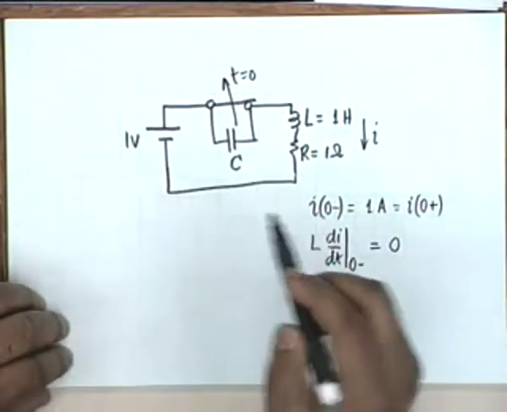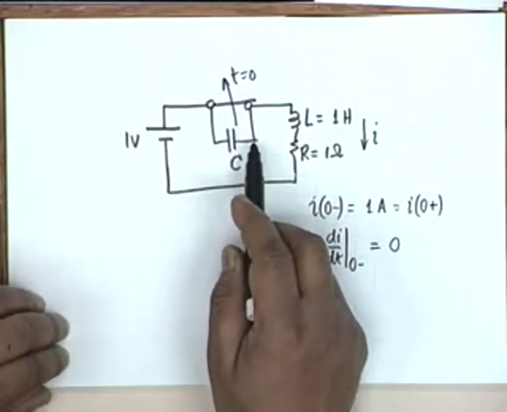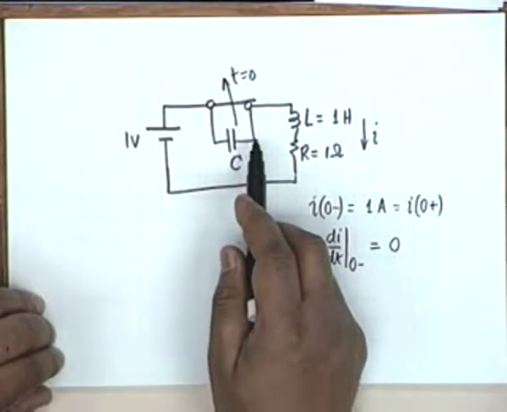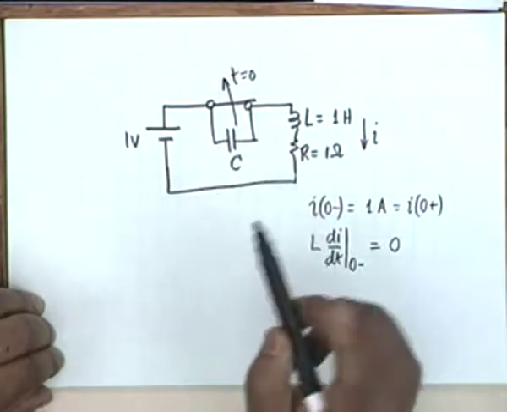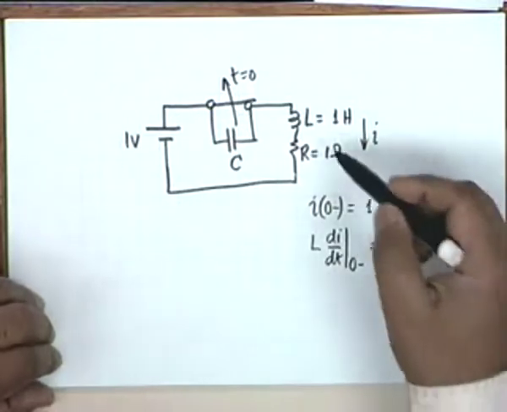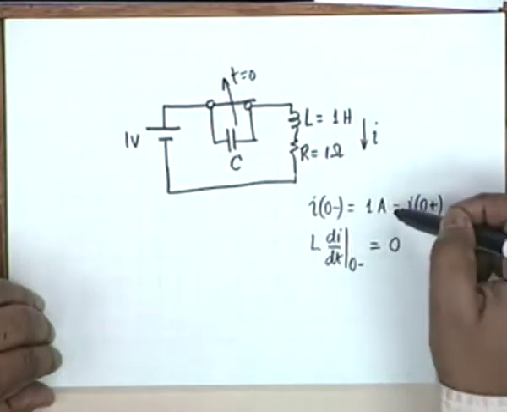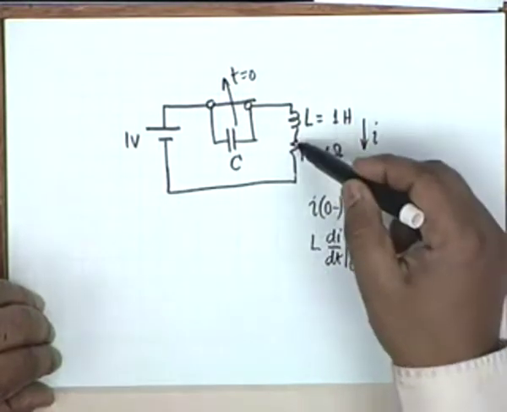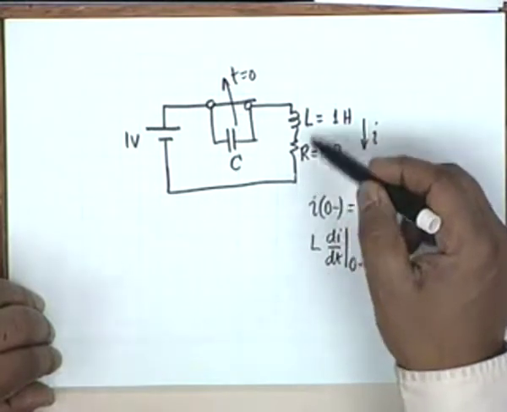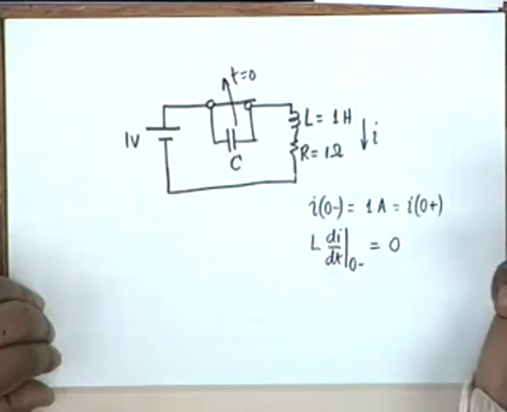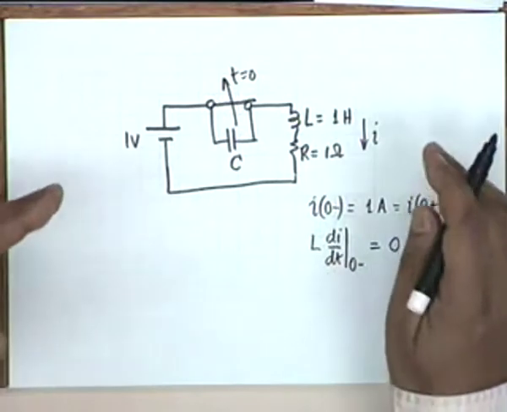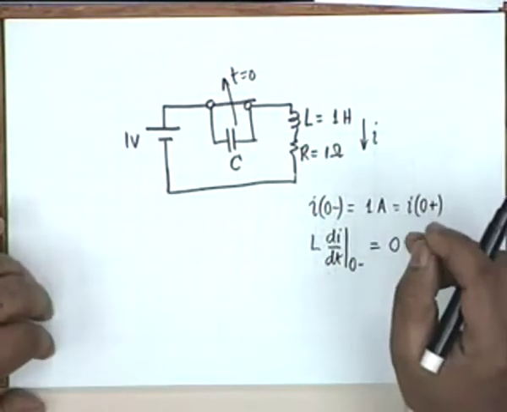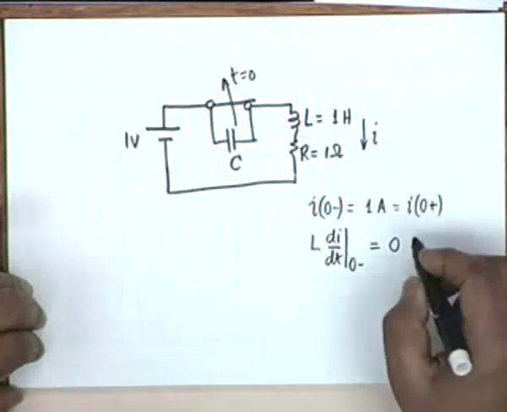The capacitor cannot change its voltage suddenly, so the capacitor remains at 0 volts. The current through the resistance is 1 ampere, and therefore this is 1 volt. So what is the drop across the inductance? It must be 0. So depending on the condition of the circuit, the initial conditions may be different.